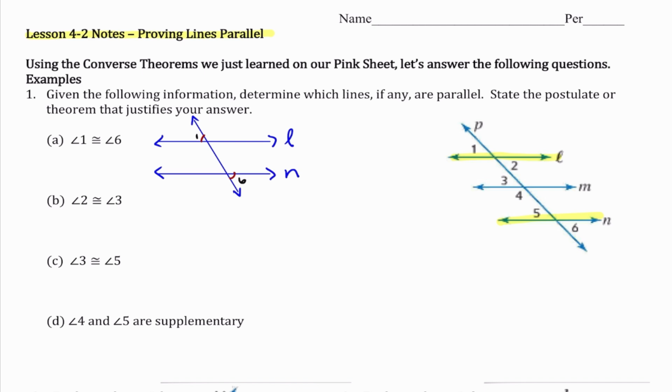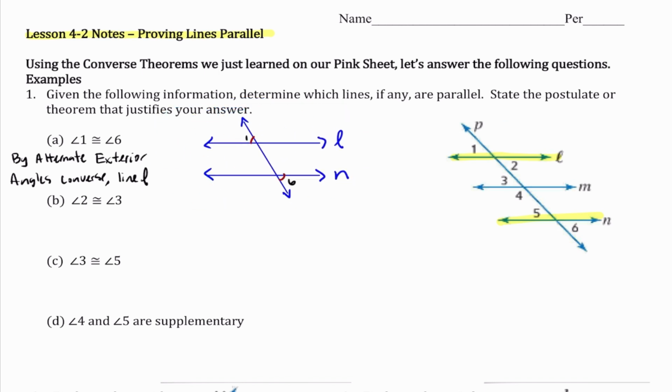So my answer here is by the alternate exterior angles converse, line L is parallel to line N.